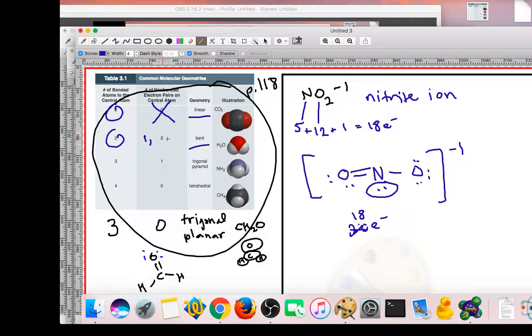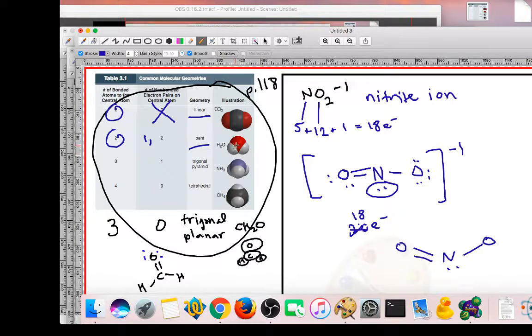And the reason is it can't be linear because this electron pair takes up space. It takes up more space than a chemical bond. So these bonds are going to be bent like this. Okay? So it's not going to be quite as bent as the water molecule.